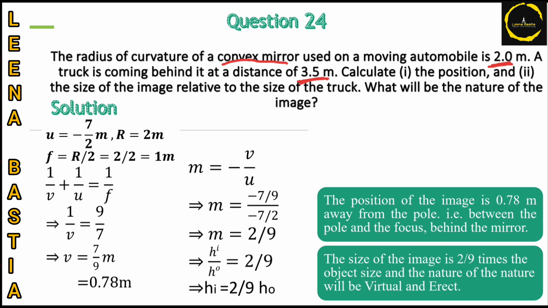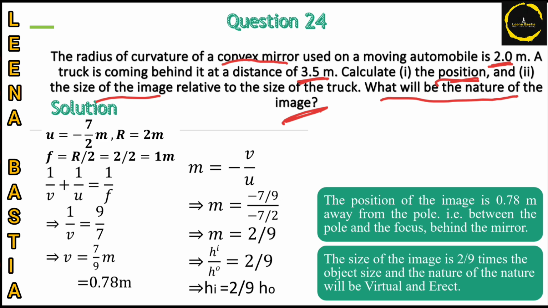So the object is the truck over here. From the mirror the distance is 3.5 meter. We have to calculate position, nature and size relative to the size of the truck. It is just that the question is given in a different style. The process will be the same. Same question, but it has been asked in a twisted manner.